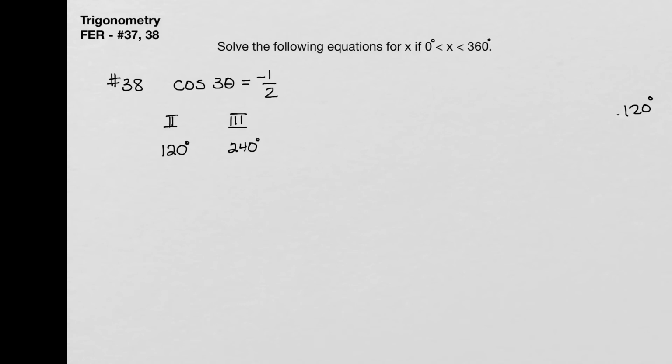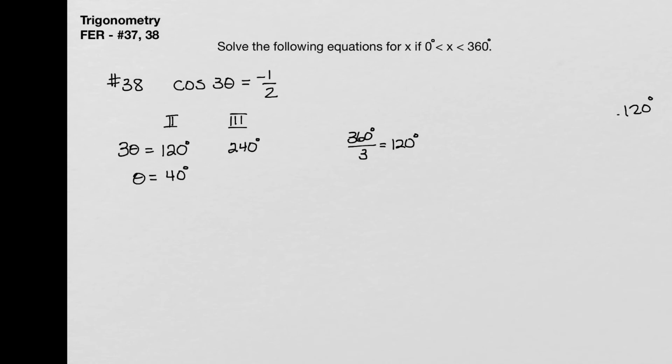So I have 3 theta equals 120 degrees, which gives me theta equals 40 degrees. And again, just like in the last problem, I take the 360 degrees of a circle, divide by the coefficient of theta in the problem, and here I have 120 degrees.